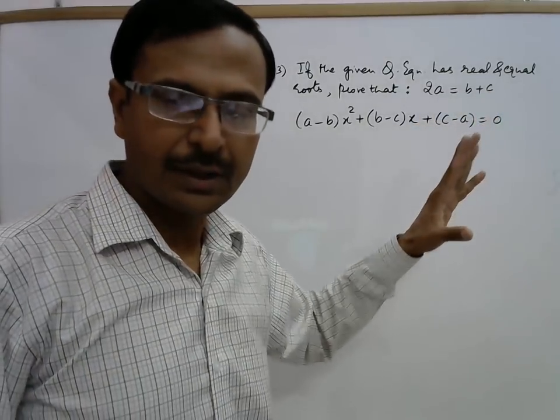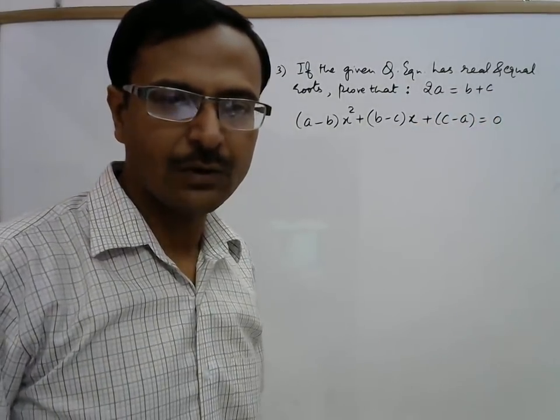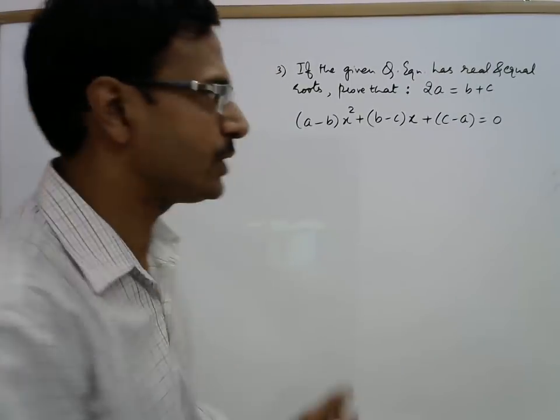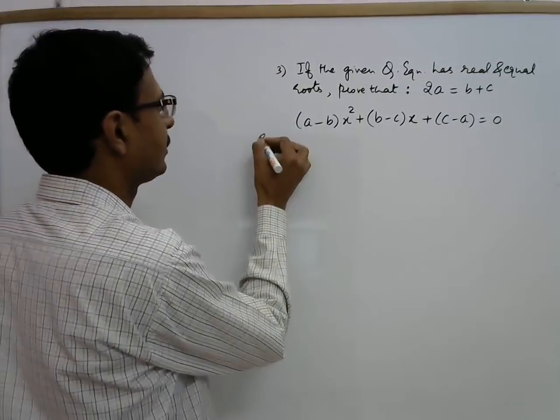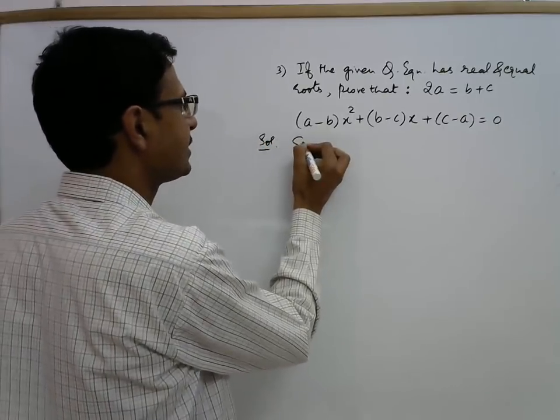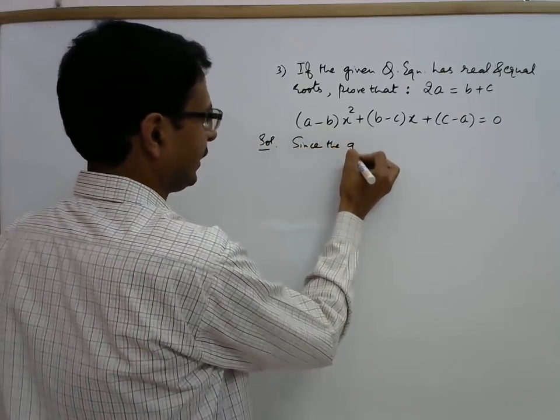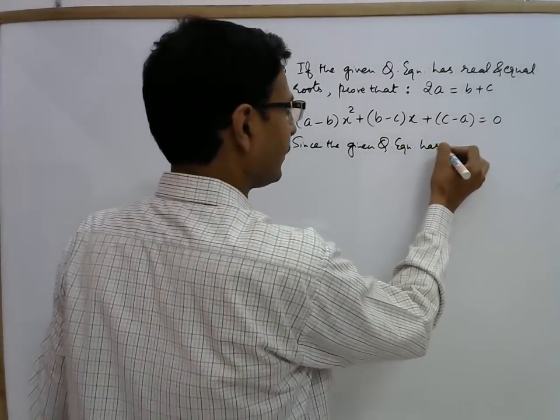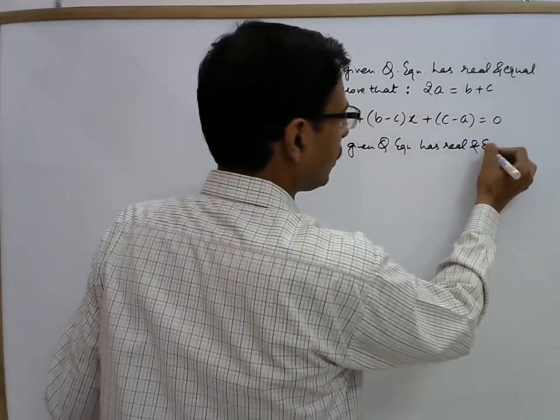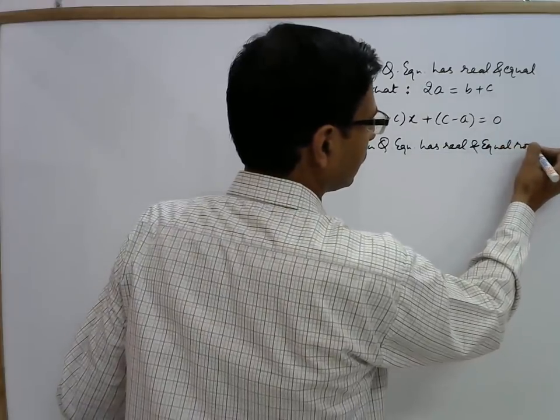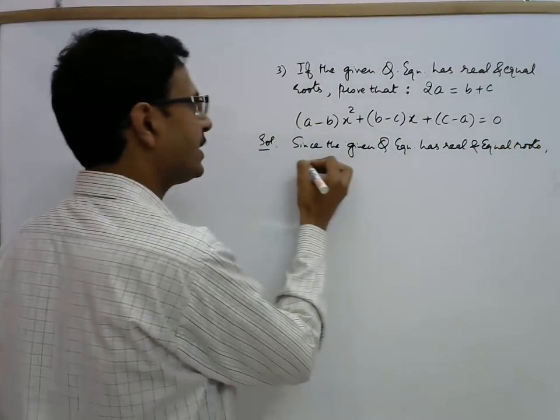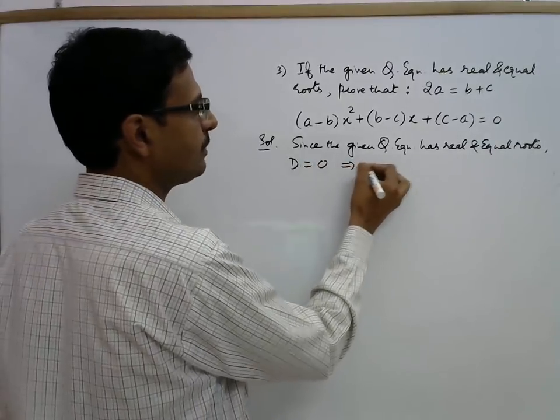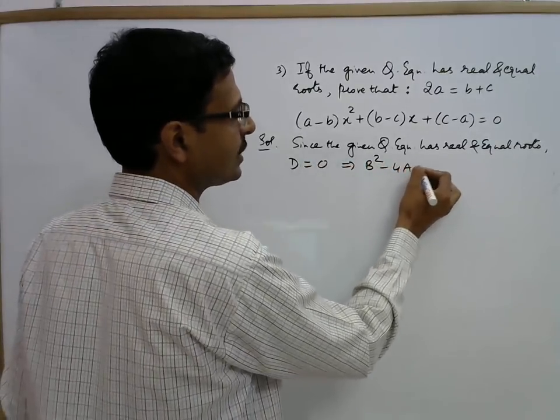So whenever real and equal roots are given, then you have to substitute again the values of a, b and c in discriminant equal to 0. Again write the same thing. In the solution you write, since the given quadratic equation has real and equal roots, so discriminant is 0, means b square minus 4ac is 0.